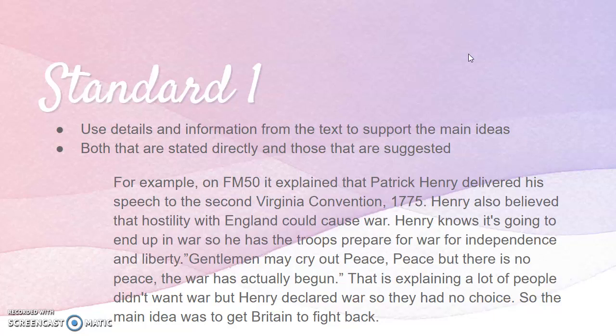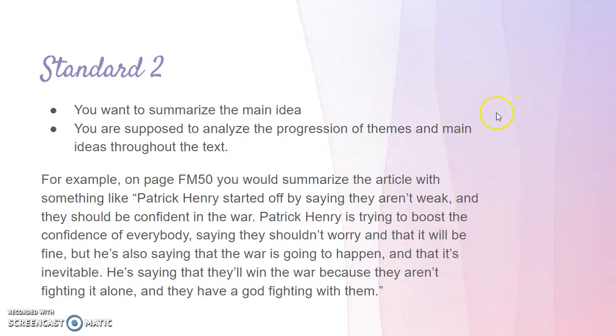And the gentleman cried out, "Peace, peace," but there was no peace, and the war actually began. And then it explained that a lot of people didn't want war, but Henry declared war, so they had no choice. And the main idea was to get Britain to fight back.